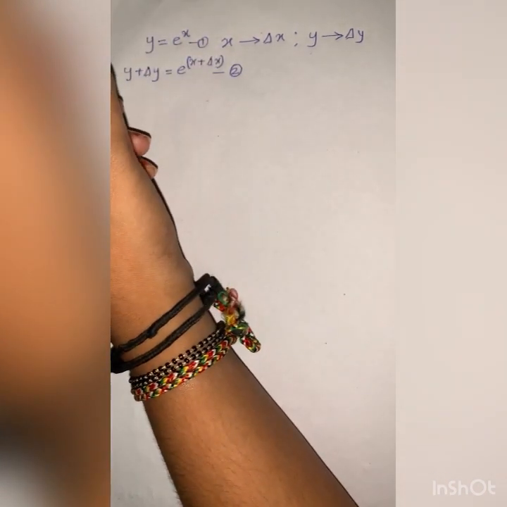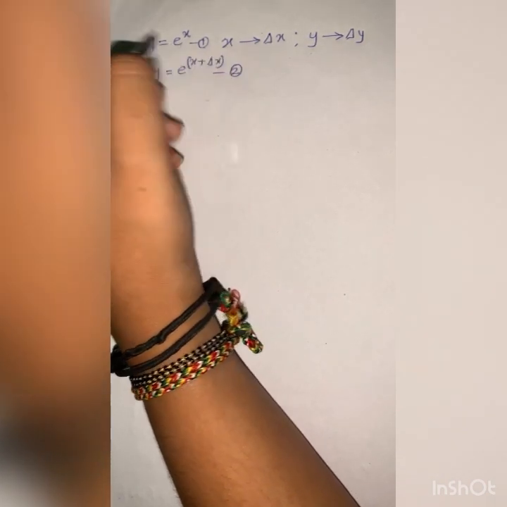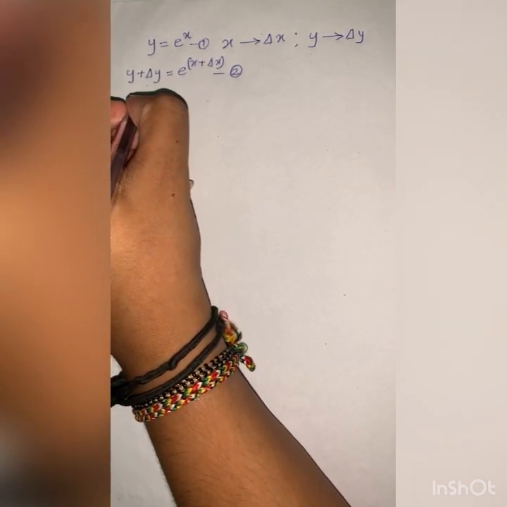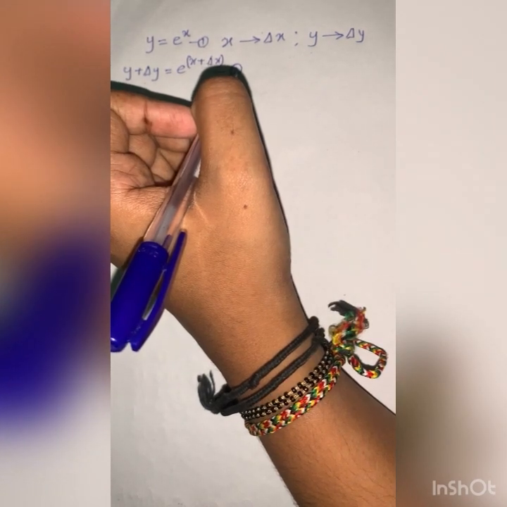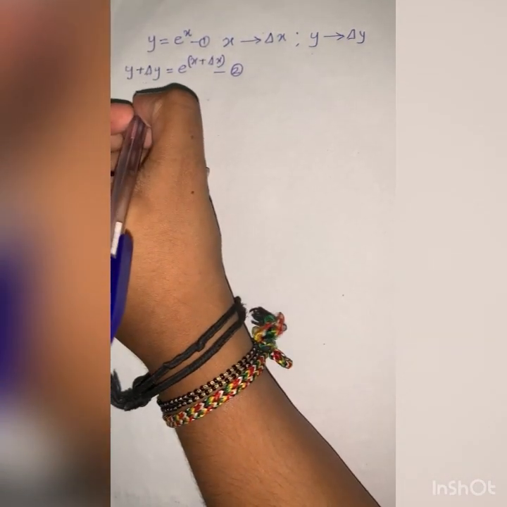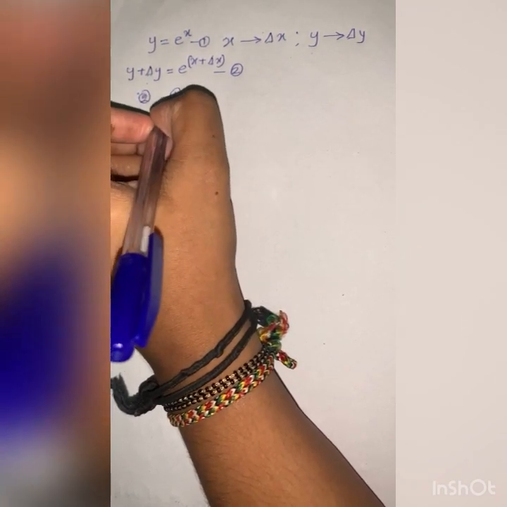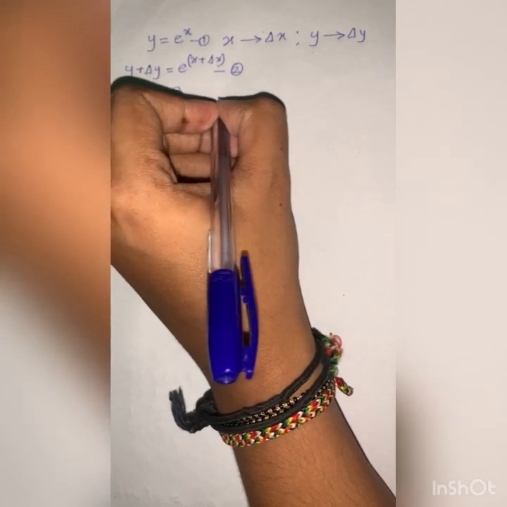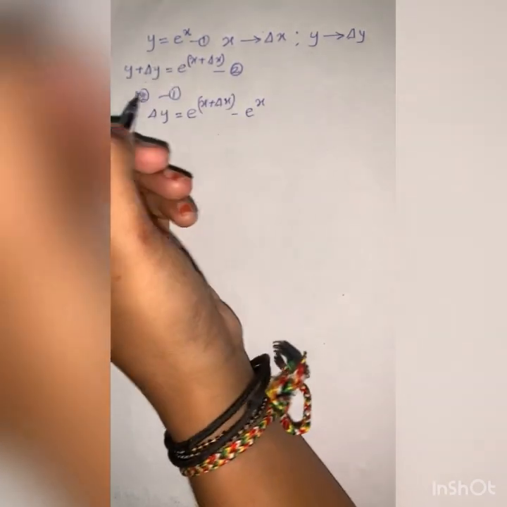If we subtract the first equation from the second equation, we will get delta y. So delta y is equal to e to the power x plus delta x minus e to the power x.